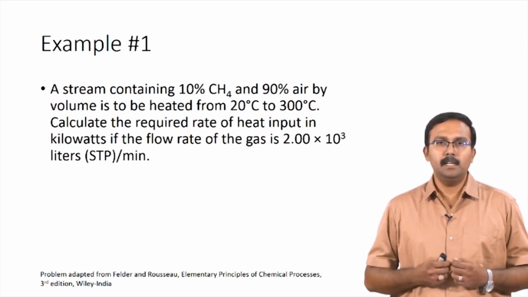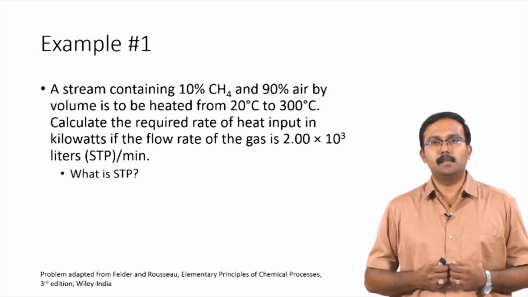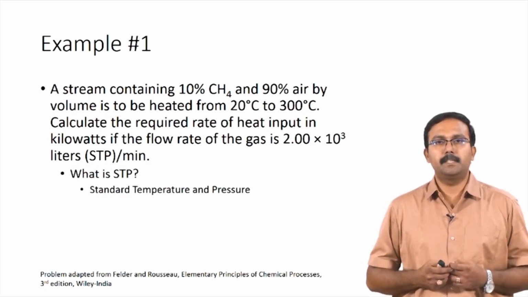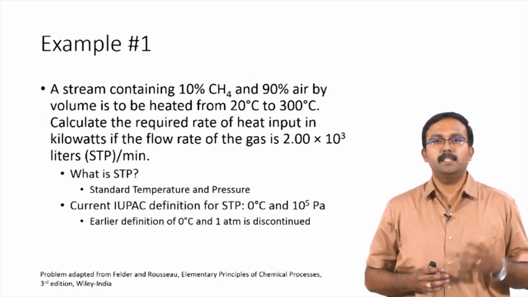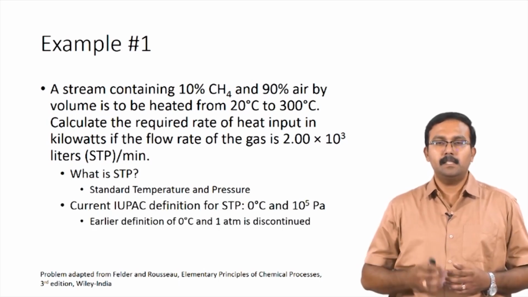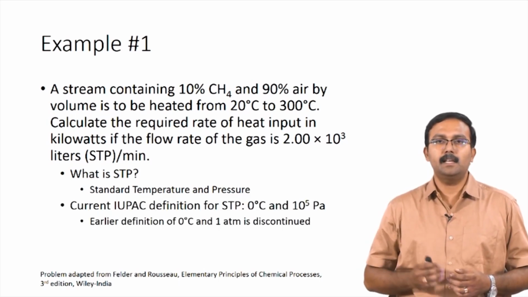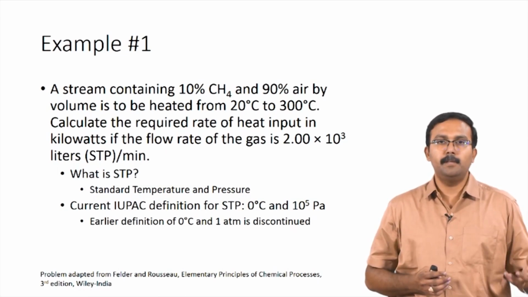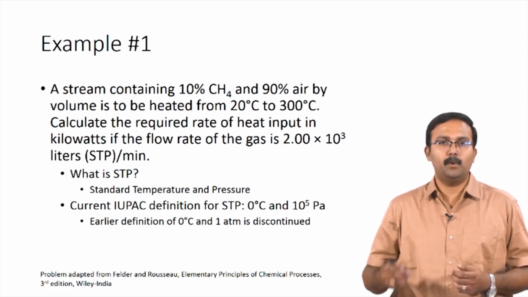Now, the first thing we need to know is what STP is. STP stands for standard temperature and pressure. According to the latest definition by IUPAC, STP is 0 degrees Celsius and 10^5 pascals. The earlier definition which used to be used was 0 degrees Celsius and 1 atmosphere.